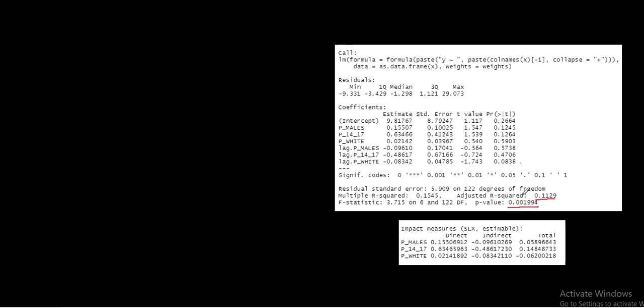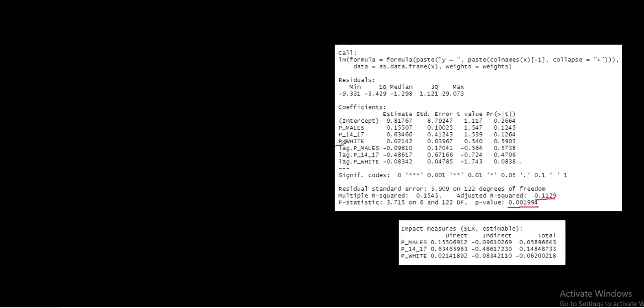Now, what I do want to draw your attention to are the coefficients and the estimates. Ignoring the fact that this is a garbage model and none of the variables are statistically significant, let's take a look at the estimates and then talk about what they do and don't mean. In this case, we have 3 variables, and then we have this lag of 3 variables.